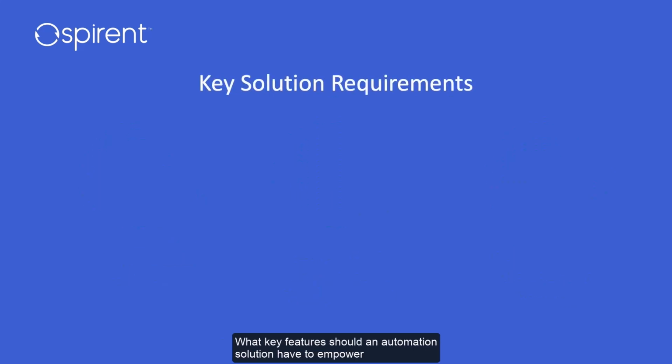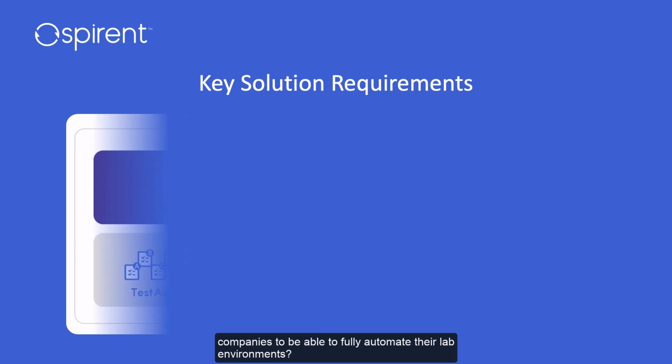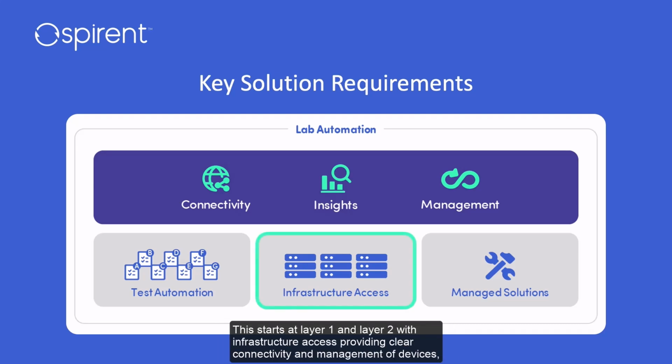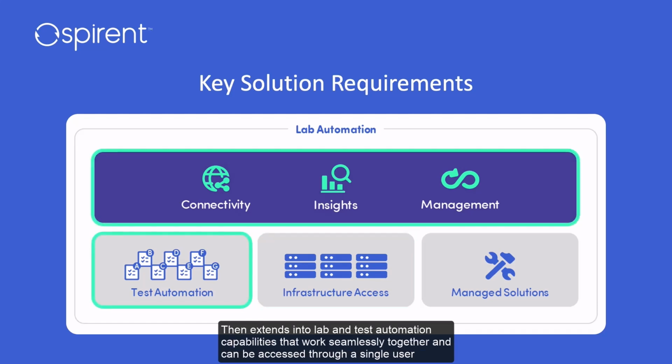What key features should an automation solution have to empower companies to be able to fully automate their lab environments? It begins with a fully integrated solution that will seamlessly connect into your existing CI/CD environment. This starts at Layer 1 and Layer 2, with infrastructure access providing clear connectivity and management of devices, then extends into lab and test automation capabilities that work seamlessly together and can be accessed through a single user interface.